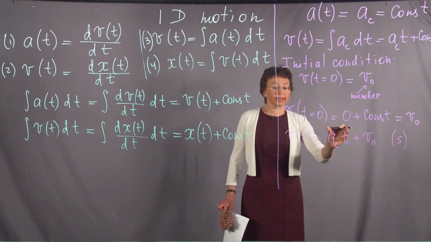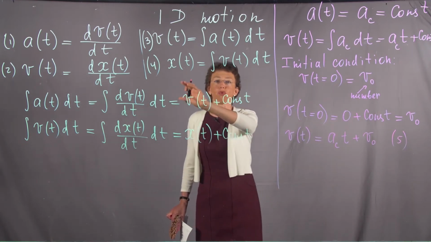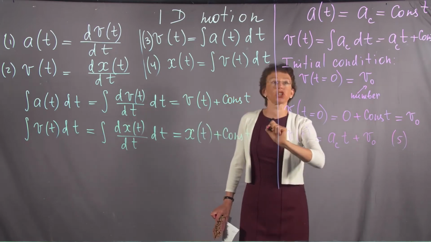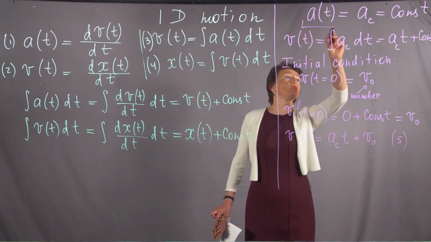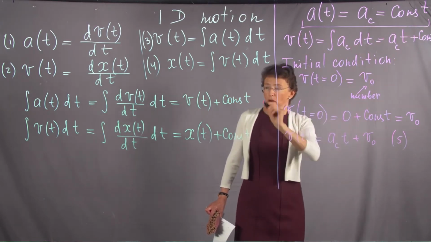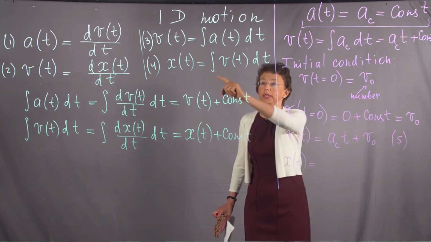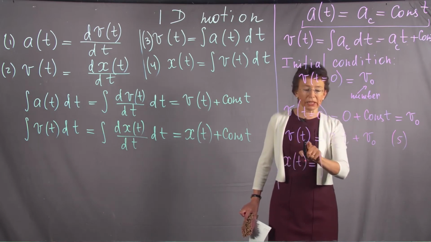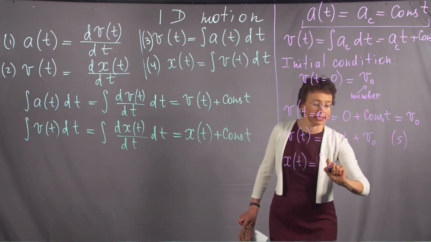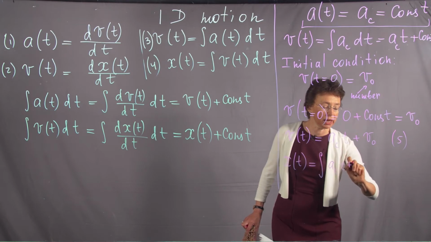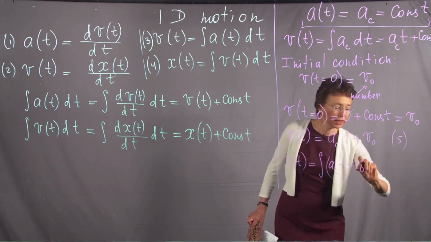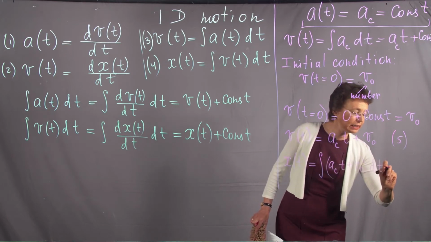Okay, what's next? Next, I will use my formula 4 to derive position in this special case when acceleration is constant. From 4, I have x as a function of time is integral. I plug in the velocity. Velocity is a c t plus v naught for this special case when acceleration is constant, dt.